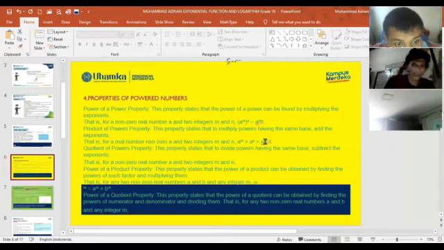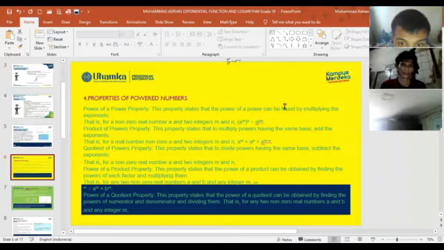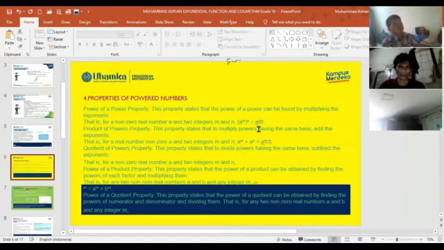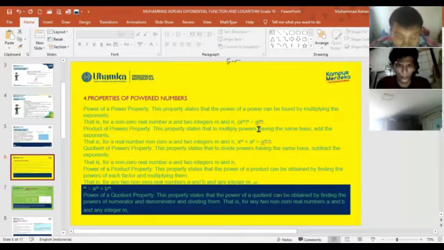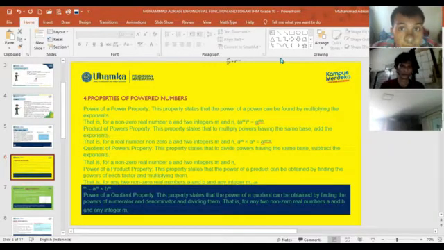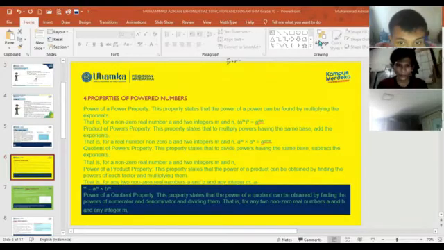That is, for a non-zero real number a and two integers m and n, a power m multiplication a power n equals a power m plus n.